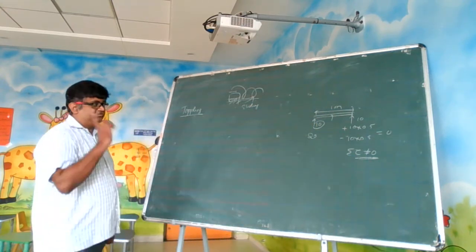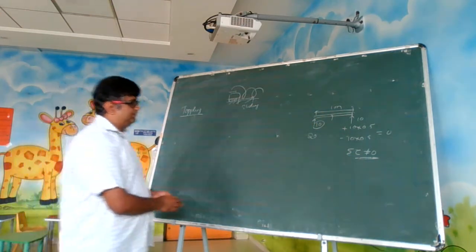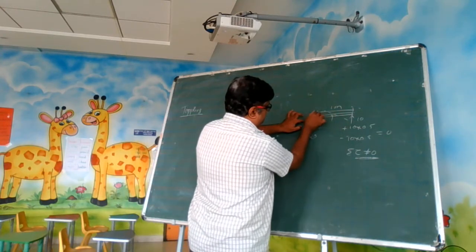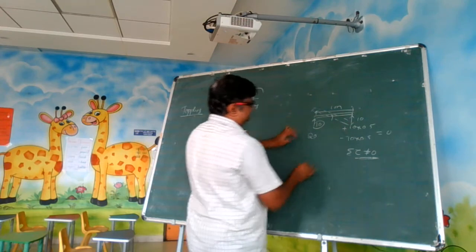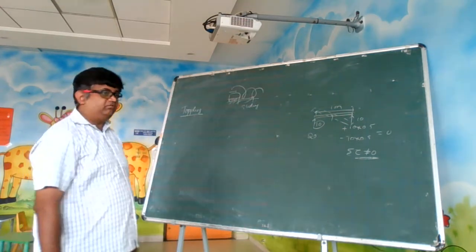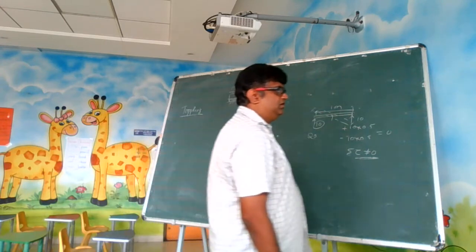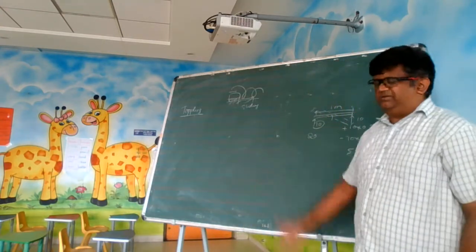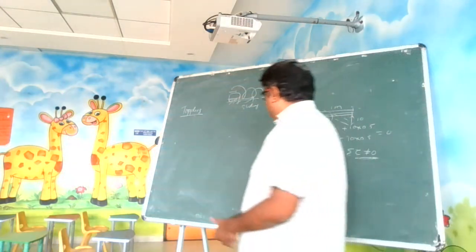Then what will happen? It will start rotating. The situation will become something like this. So for toppling, we have to calculate the torque about the point where you can expect it to topple.